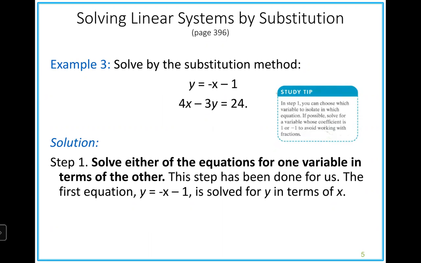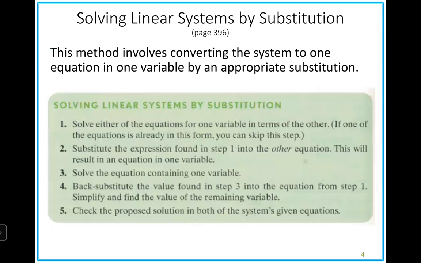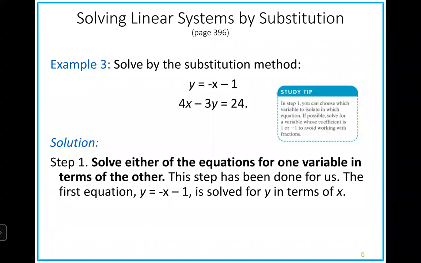Now, you will see here where it says solve either of the equations for one variable in terms of the other. If one of the equations is already in this form, you can skip this step. So this equation here is telling you that y is equal to something. So this equation is already stating the value for y.